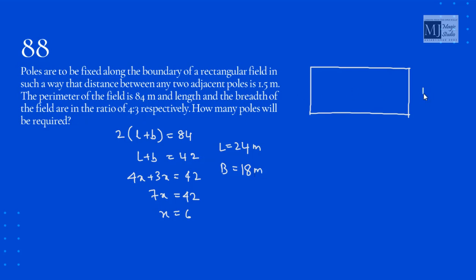So this is 18 and this is 24. How many poles will be required? If one pole is at this place, can I divide 18 by 1.5? 18 by 1.5 is 18 into 10 by 15, that is 12 poles.